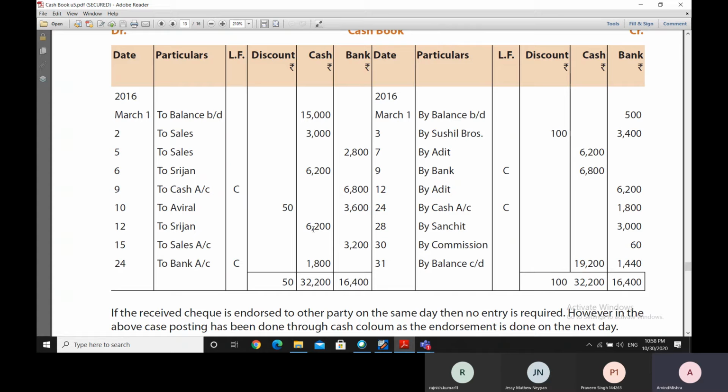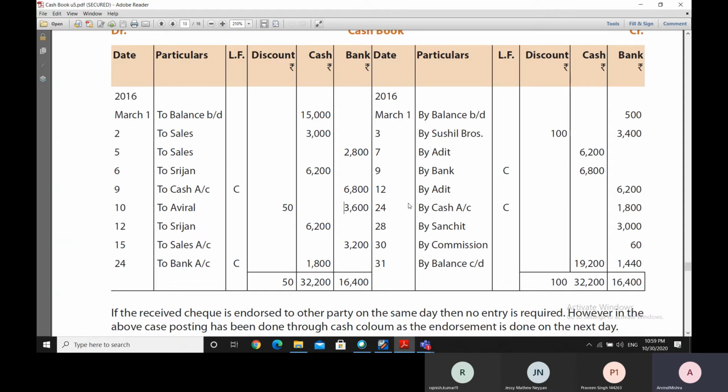So when a check which was endorsed earlier to Adit is dishonored, and it was Srijan's check, we will have to debit our cash book because we have received this amount from Srijan in cash. Srijan's check was dishonored, so Srijan gave us the 6,200 rupees in cash here, and we have made a payment of 6,200 rupees by our own check to Adit.